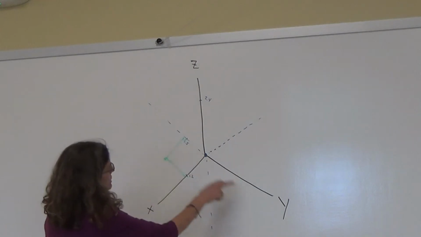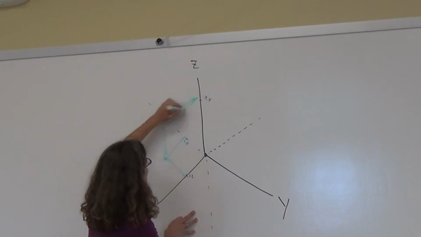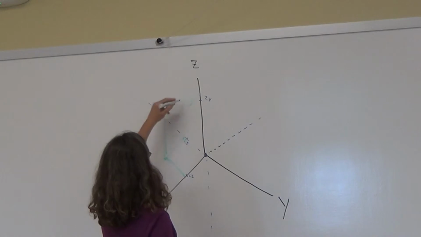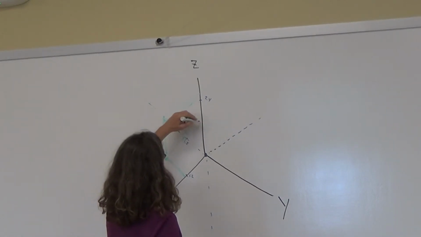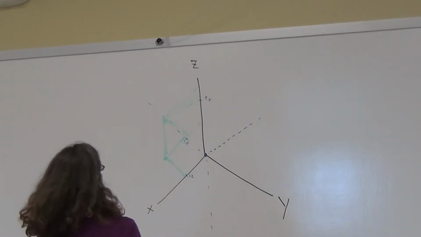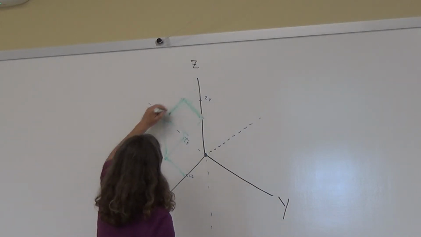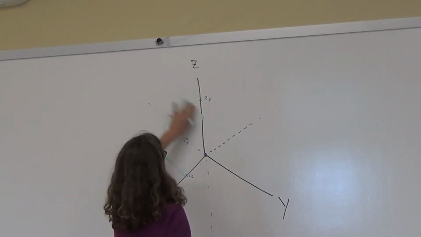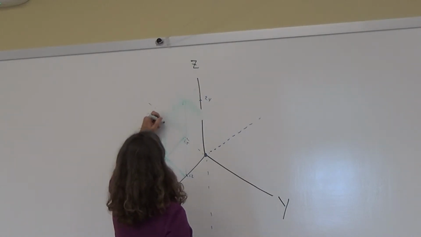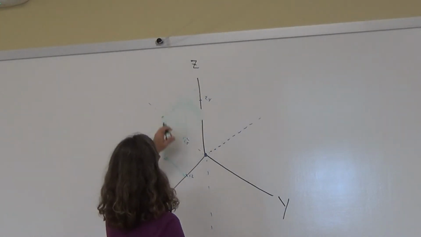This is parallel to the negative Y. Here's my Z coming up. 1.2 is here.